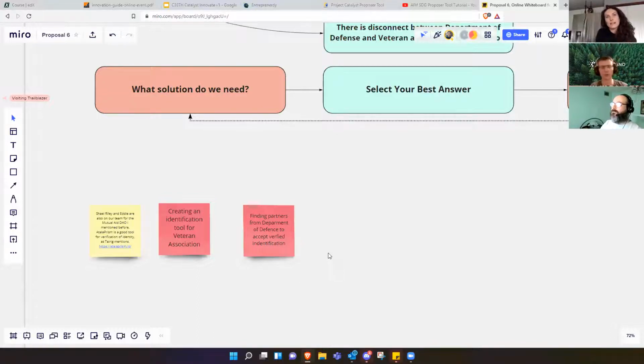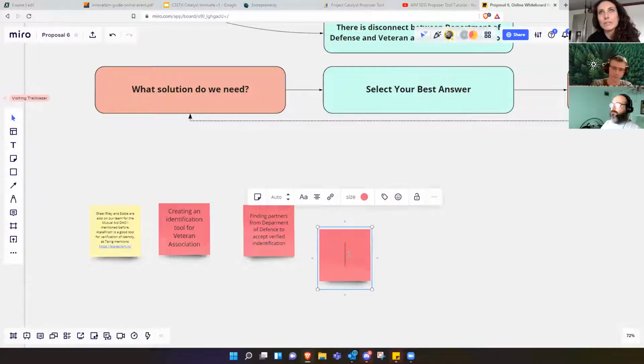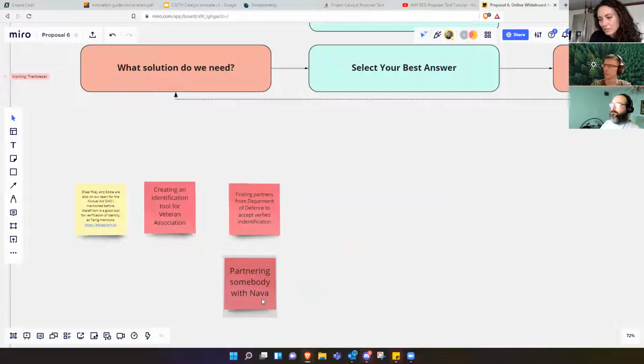Like I said, I think it would be partnering with somebody at NAVA and coming up with an advocacy, maybe I could work with Roy and ask, is there somebody at the Department of Defense that we could speak to, and then start that relationship?